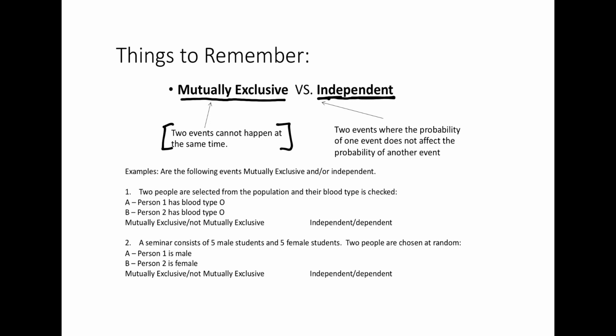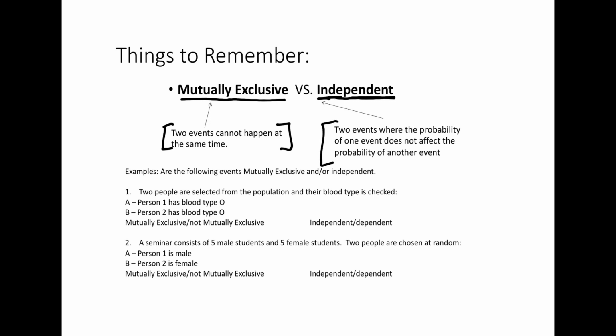This was especially important when we were looking at the OR rule, when we had a single trial with two events, two possible outcomes. We wanted to ask ourselves, is it possible that these two outcomes could happen at the same time? Which would lead us to overcounting my outcomes because we would count something twice.